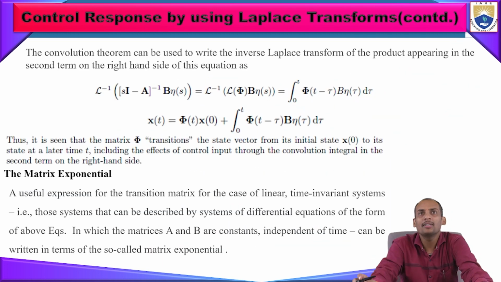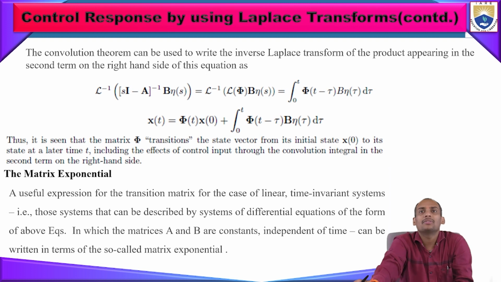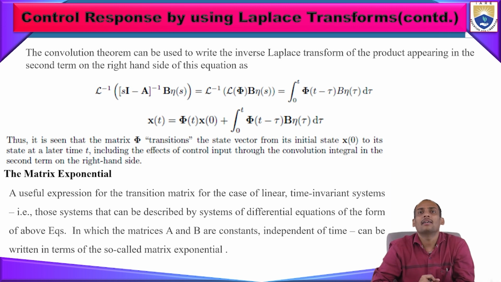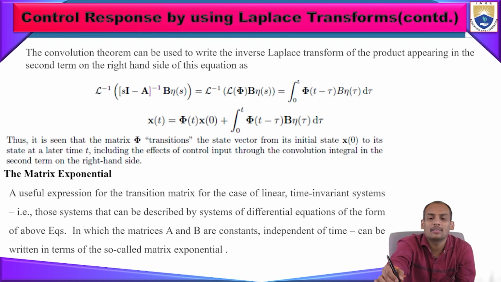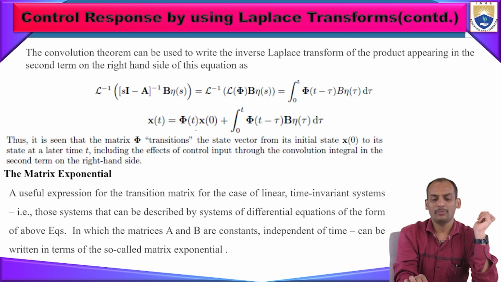Then the convolution theorem can be used to write the inverse Laplace transform. So what is the convolution theorem? If you use the inverse Laplace transform on this, it again will be converted into matrix form with a variable function. Applying that integration, x of t will be equal to phi of t into x naught plus the remaining function phi of t minus tau.